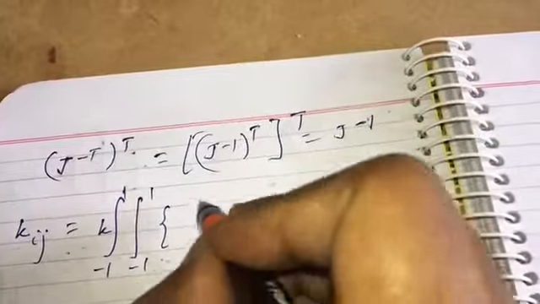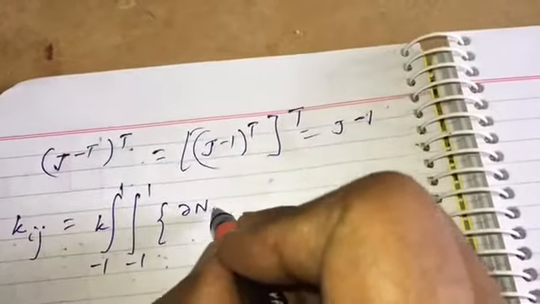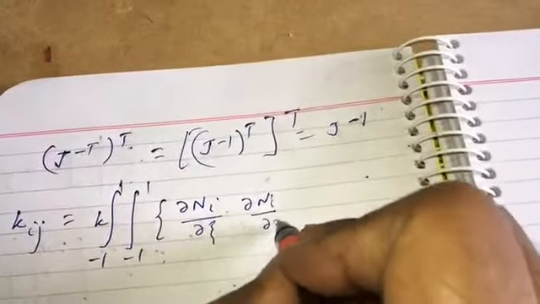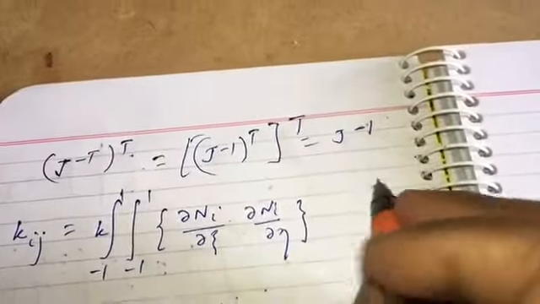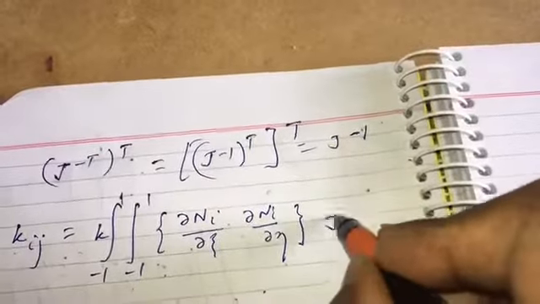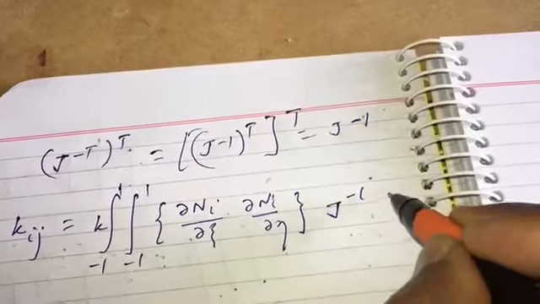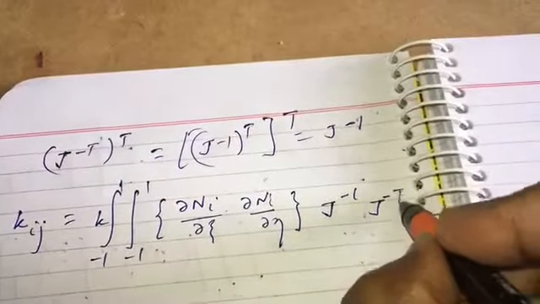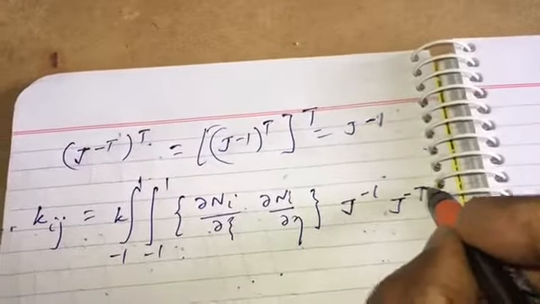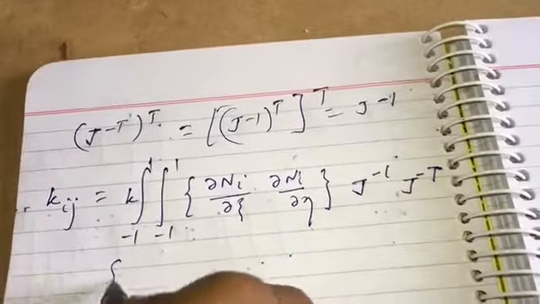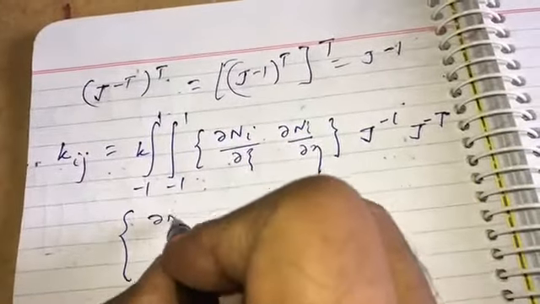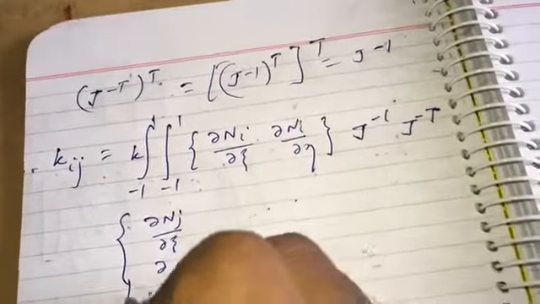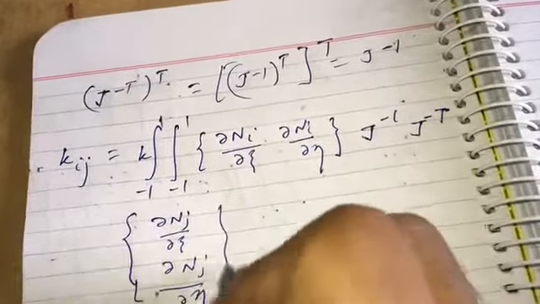Then we have del Ni over del xi, del Ni over del eta, then we have J inverse, then J inverse transpose, and then we have del Nj over del xi, del Nj over del eta.